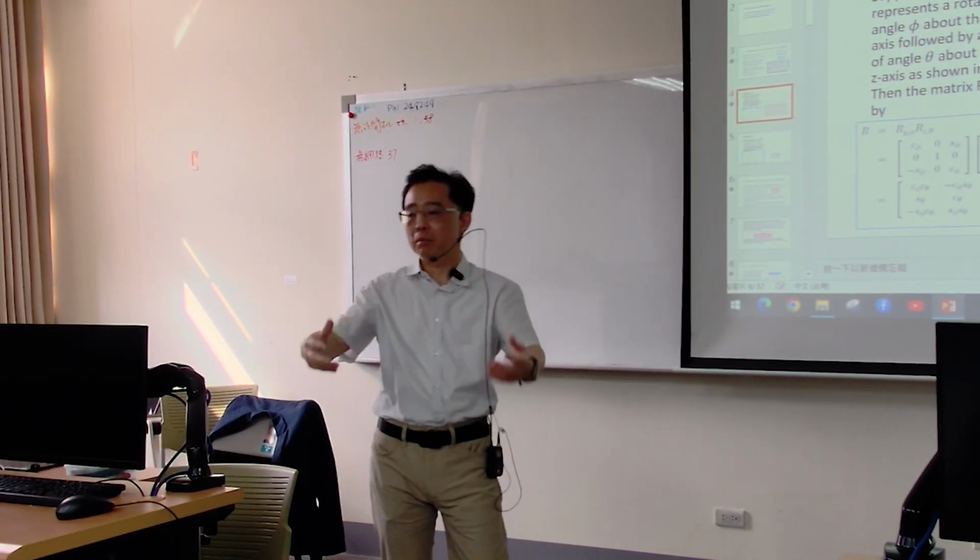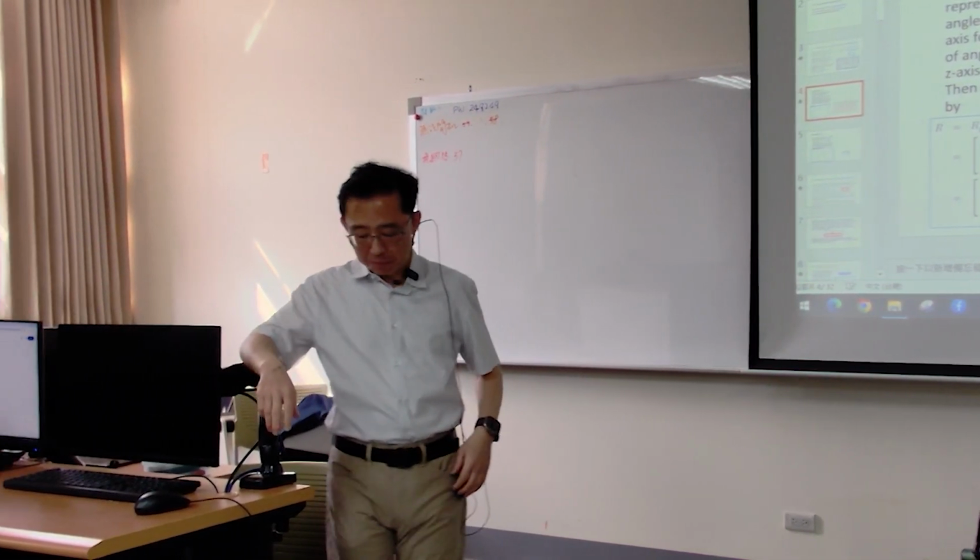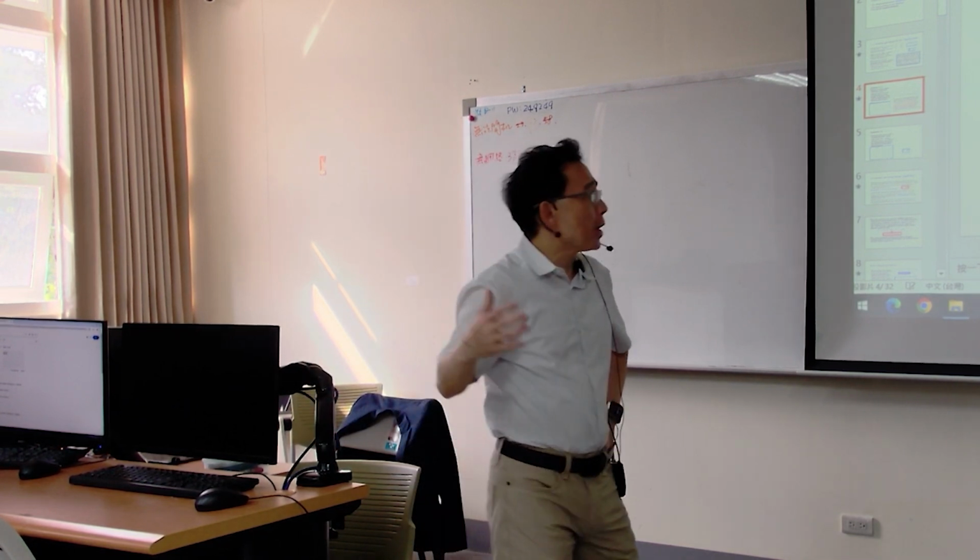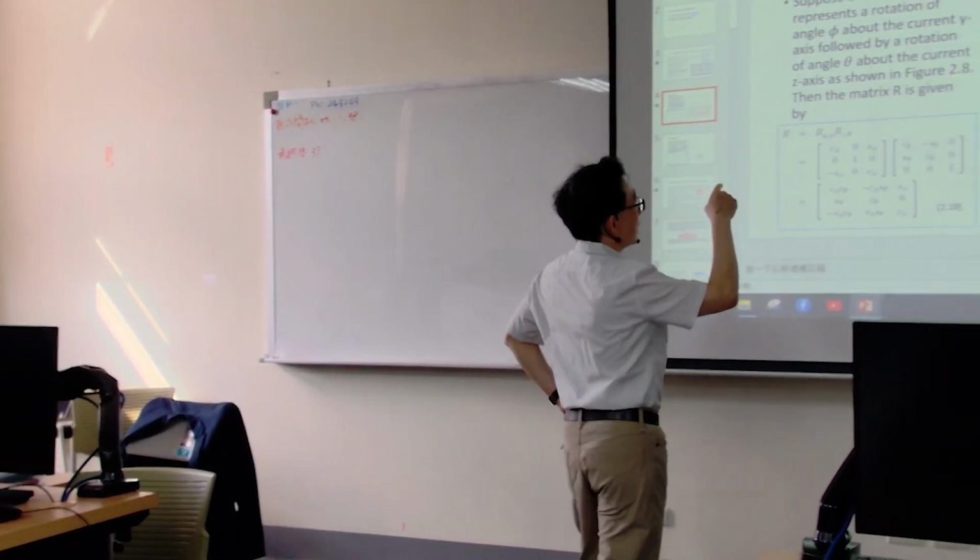What do I mean? Which axis does it rotate around? For the first one, on the left side, it is y. Correct. It rotated about y, and it has a new coordinate, which is the middle one.